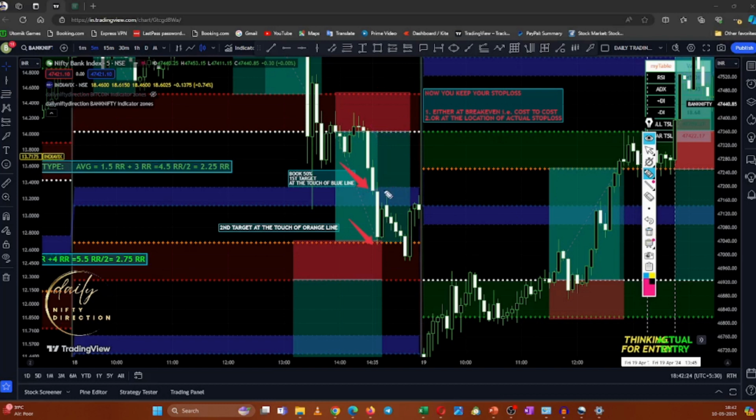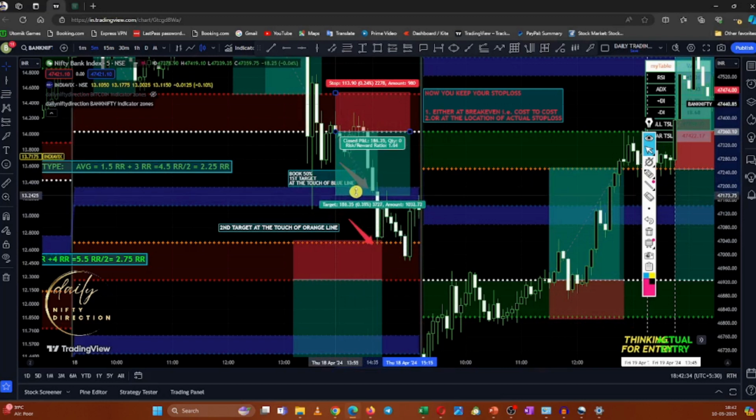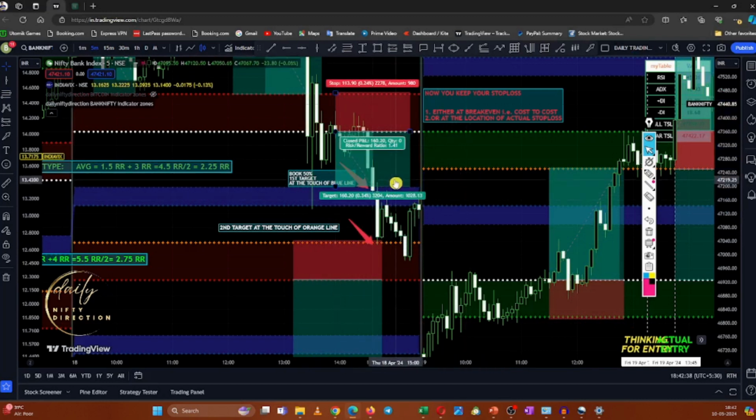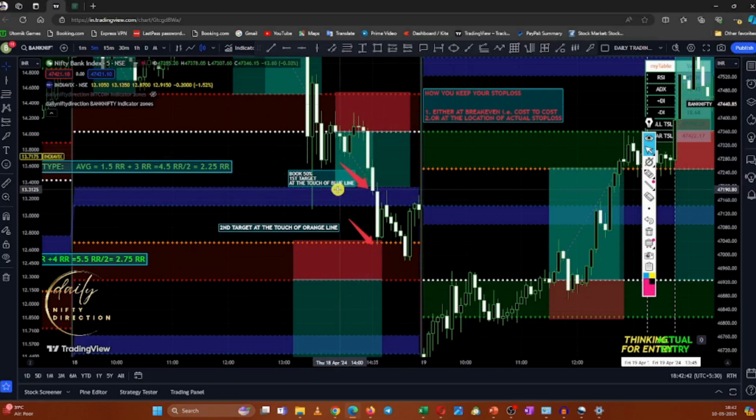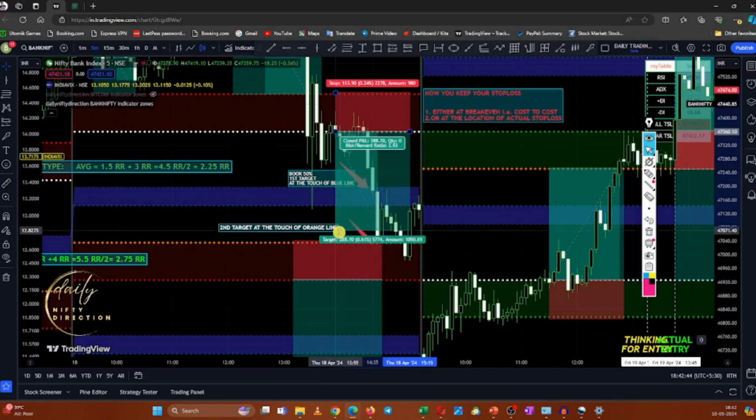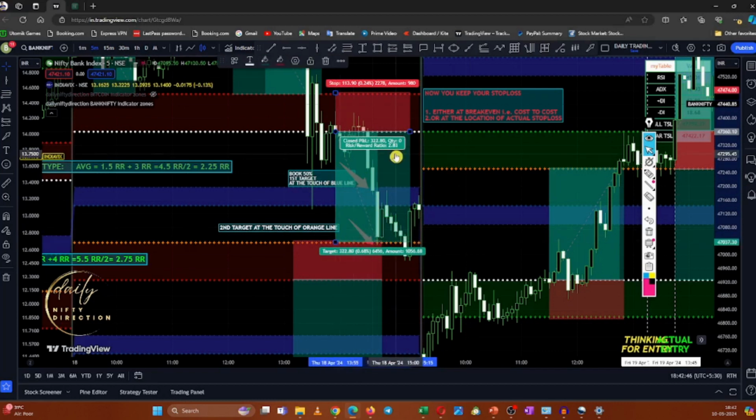Okay, so what is the risk reward here you are getting after hitting both targets? At first target you are getting approximately 1.5, at second target you are getting approximately 3 risk reward.